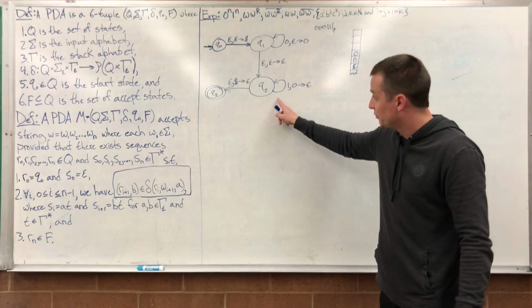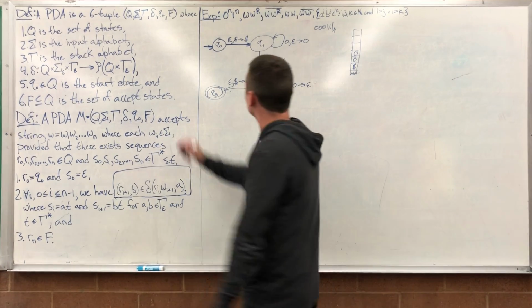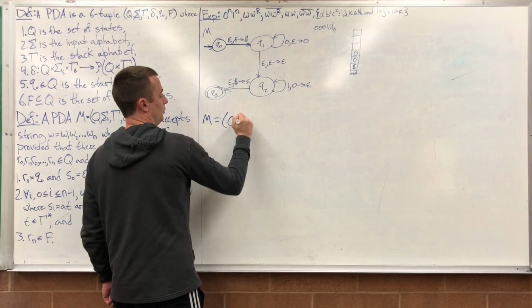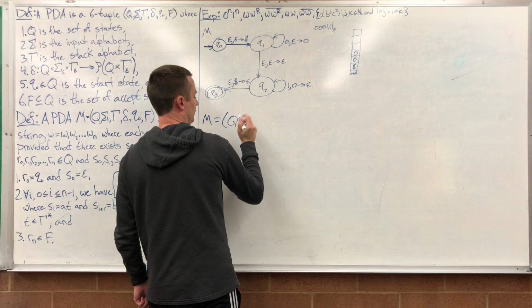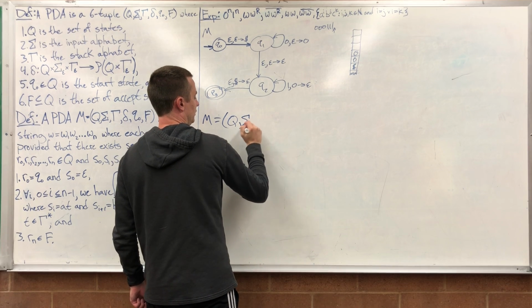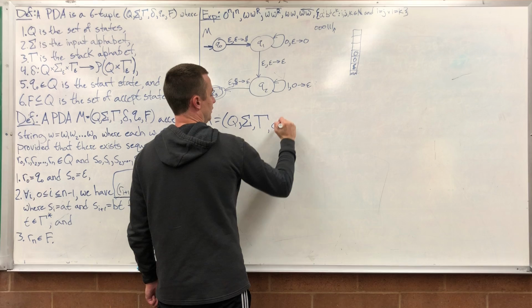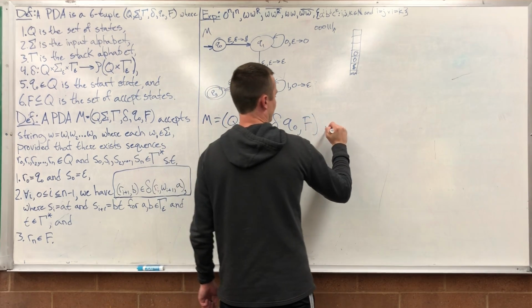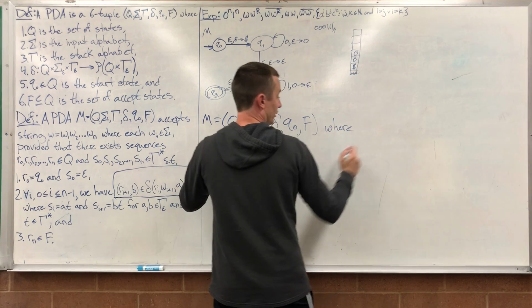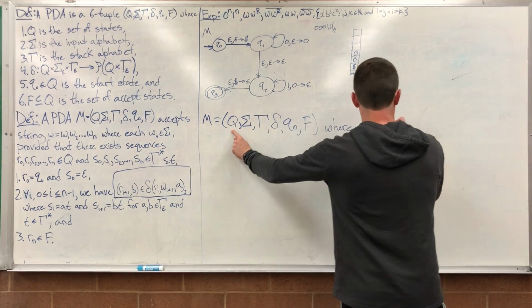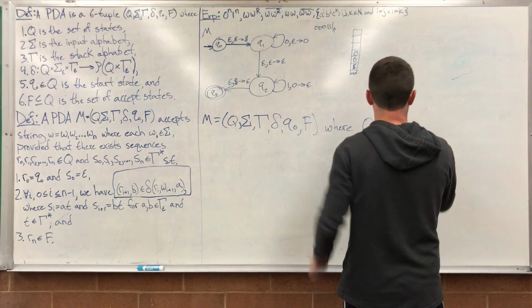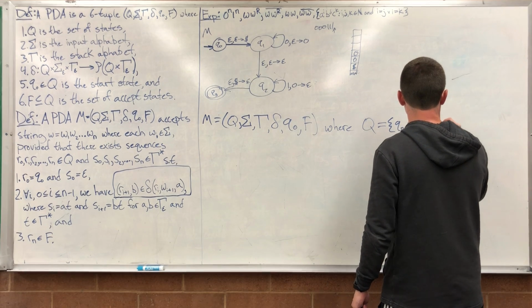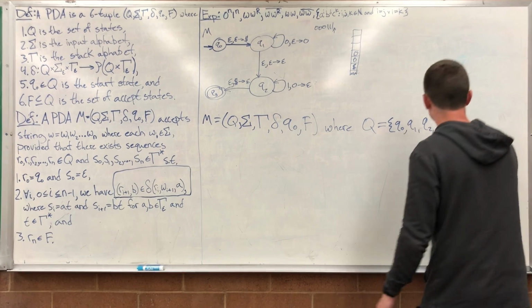So if this is machine M, then M is equal to the tuple Q, Sigma, Gamma, delta, Q naught, F, where Q is equal to Q naught, Q1, Q2, Q3.